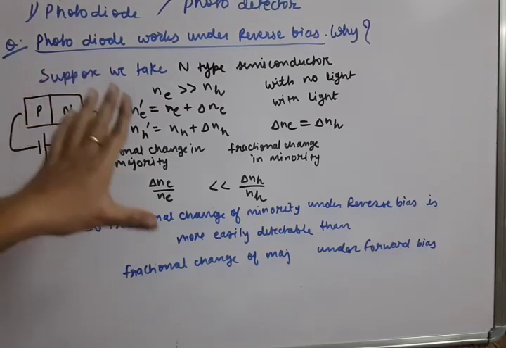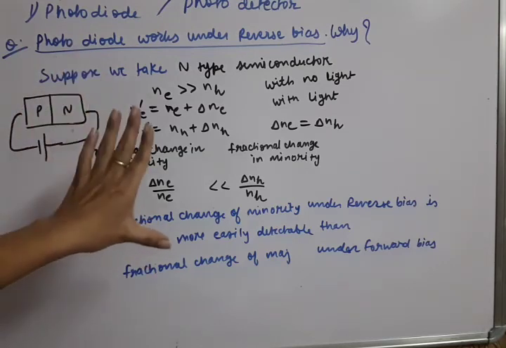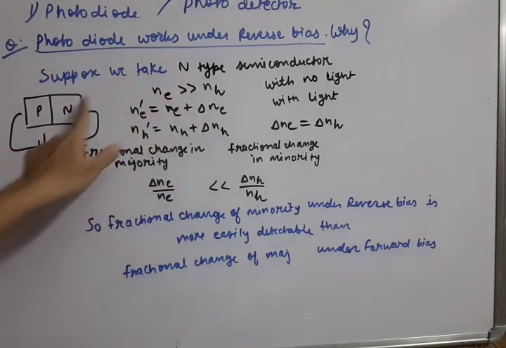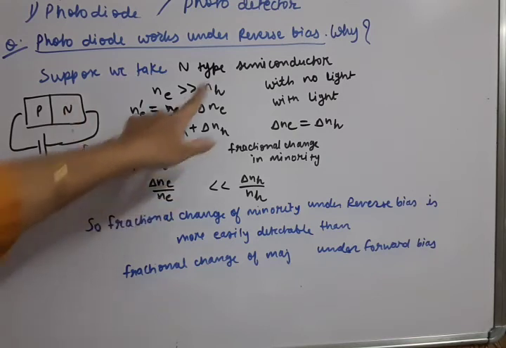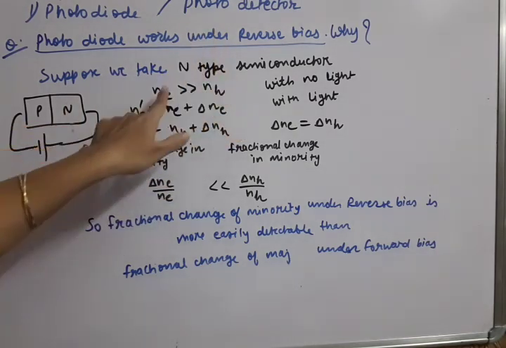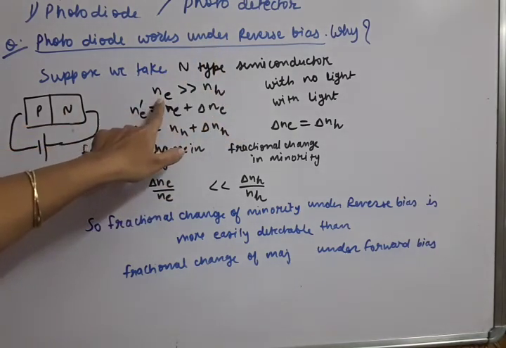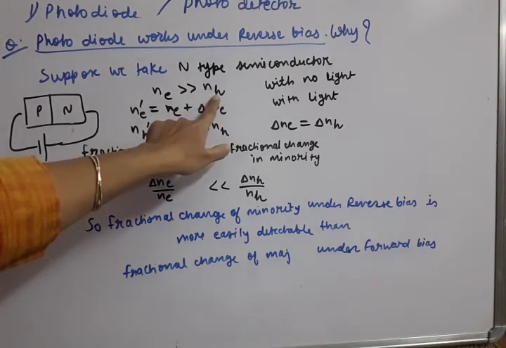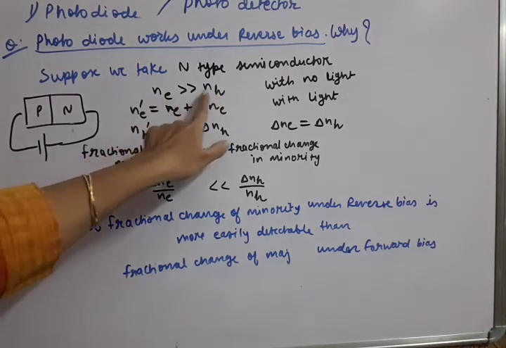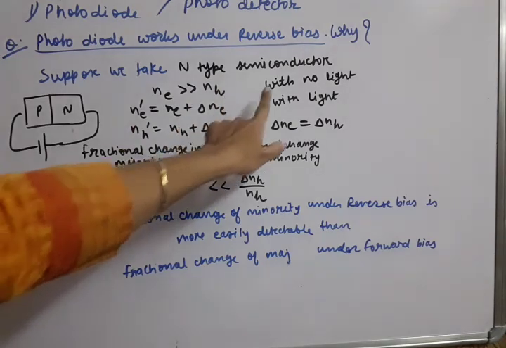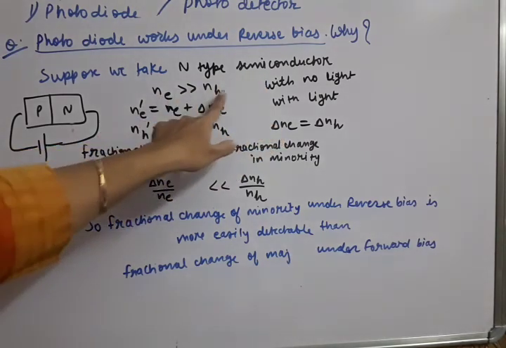Now this can be proved mathematically also. Let us see the mathematical proof. Suppose we talk about n-type semiconductor. In n-type semiconductor, the number of electrons is the majority, so the number of electrons is much greater than the number of holes. Now when no light is there, this is the condition.